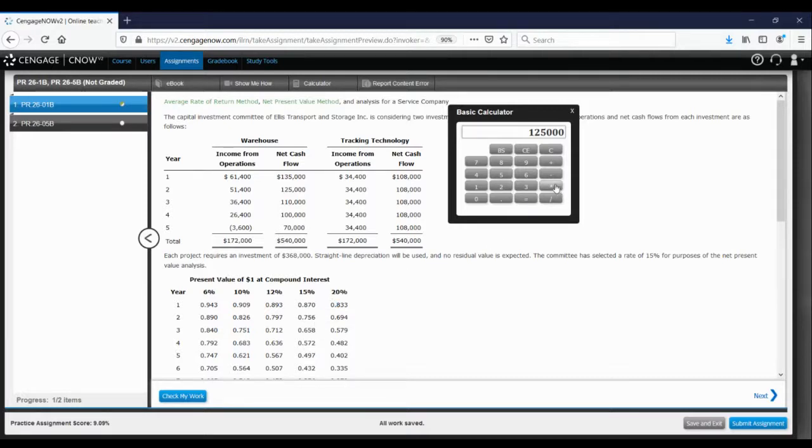So I'm going to multiply the cash flow by 0.756, and that will give me $94,500, which is your present value for the second year. So $125,000 in year 2 has a present value amount of $94,500.